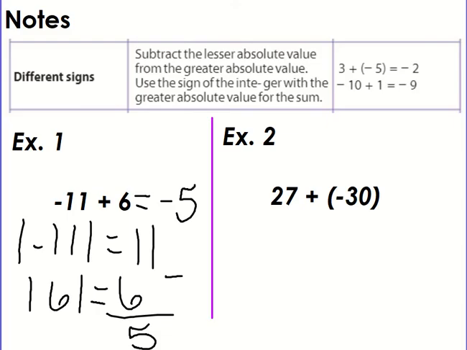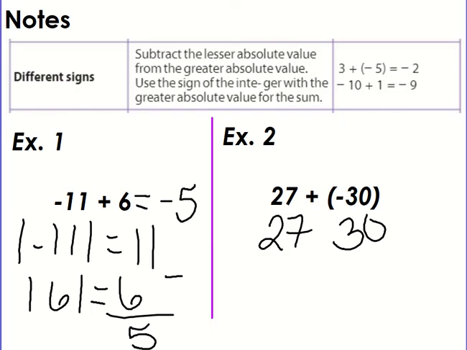So you can see in example 2, those are pretty big. I don't want to use a number line or a counter. Okay, so the absolute value of 27 is 27, right? And the absolute value of negative 30 would be 30.